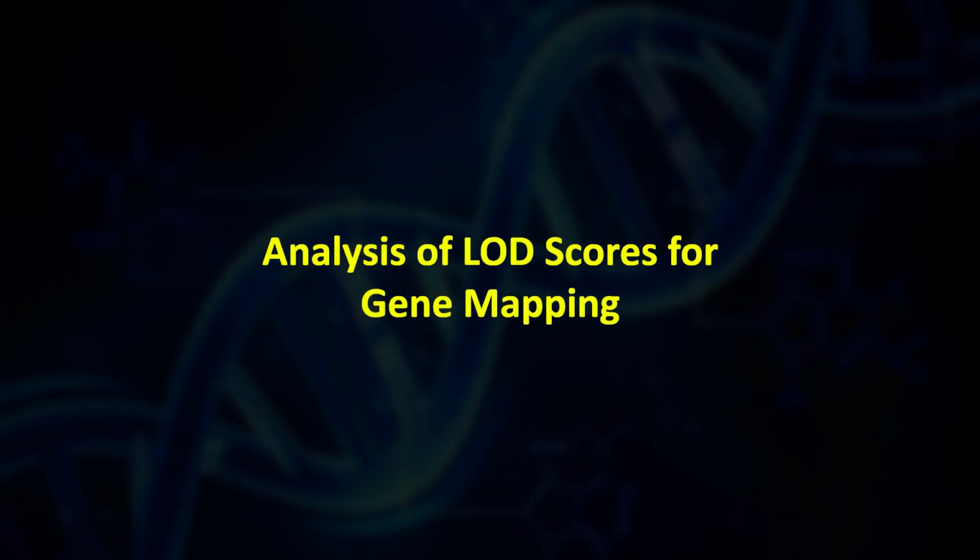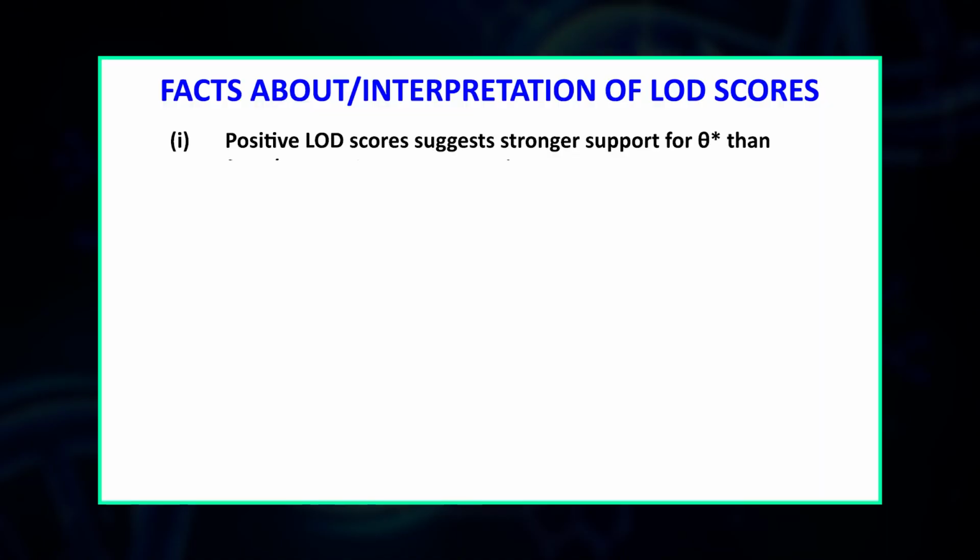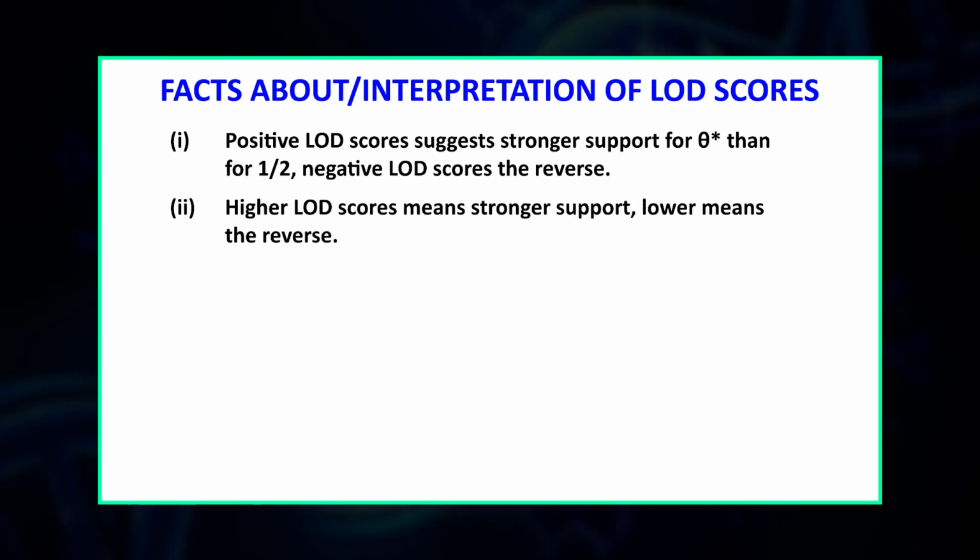Dear students, let's now discuss facts about interpretation of Lod scores. Number 1. Positive Lod scores suggest stronger support for theta than for one-half, negative Lod scores, the reverse. Higher Lod scores mean stronger support, lower means the reverse.